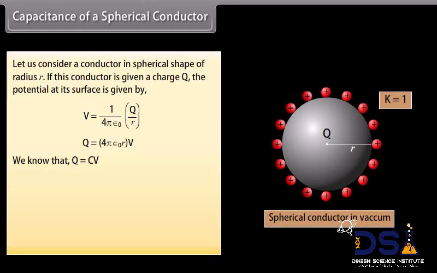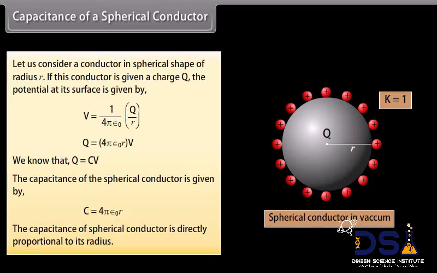On comparing the above equations, the capacitance of the spherical conductor is given by C is equal to 4 pi epsilon naught R. This relation shows that the capacitance of a spherical conductor is directly proportional to its radius. Larger is the radius, larger will be its capacitance. This expression is true for the conductor placed in air or vacuum.